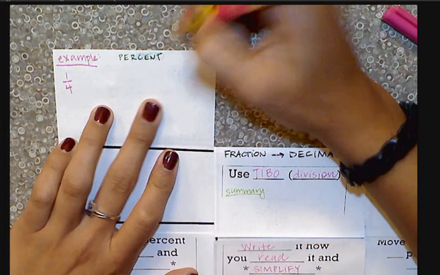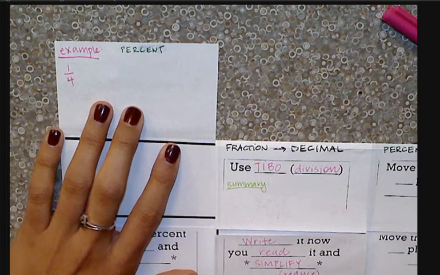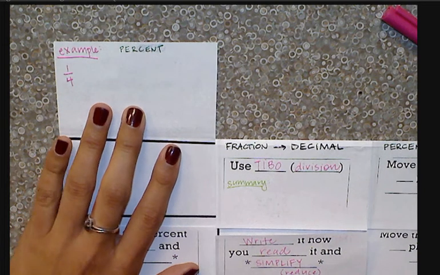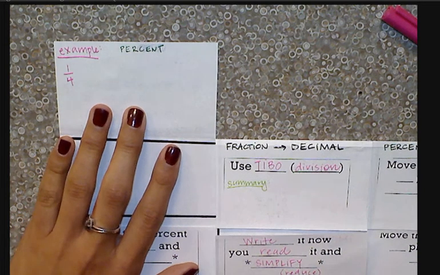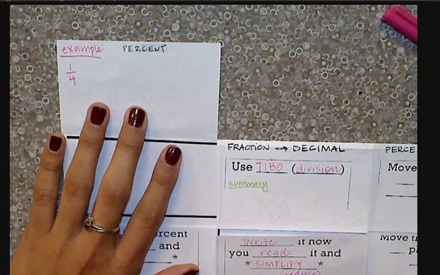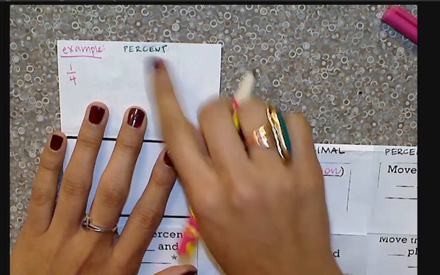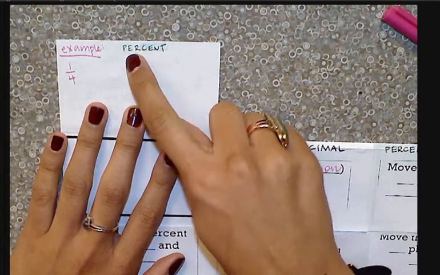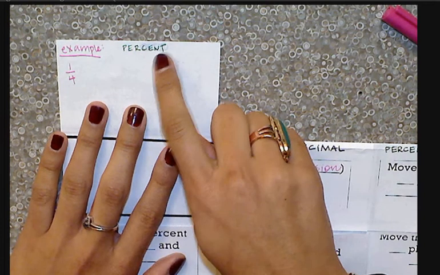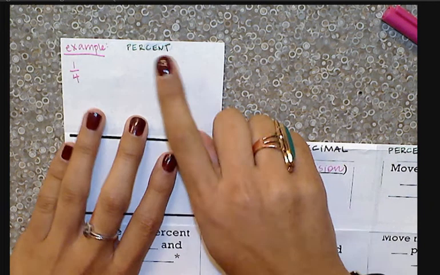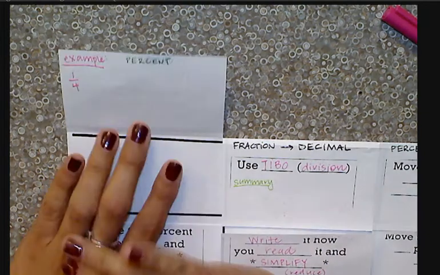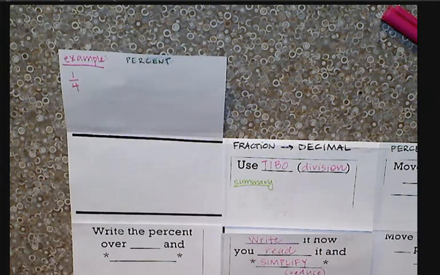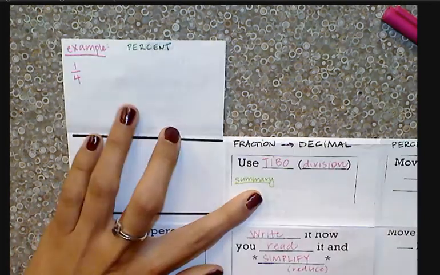Cent sounds like century, or in Spanish, cien. Does anyone know what cien means? If you thought 100, you are correct. Cent is 100, so percent means for 100 or for each 100. So percents are out of 100. We are going to see that in just 1 second here.